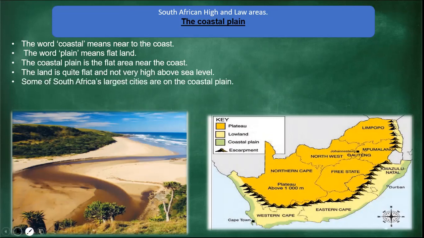Some of South Africa's largest cities are on the coastal plain. What are the South African cities that are on the coastal plain that you know?